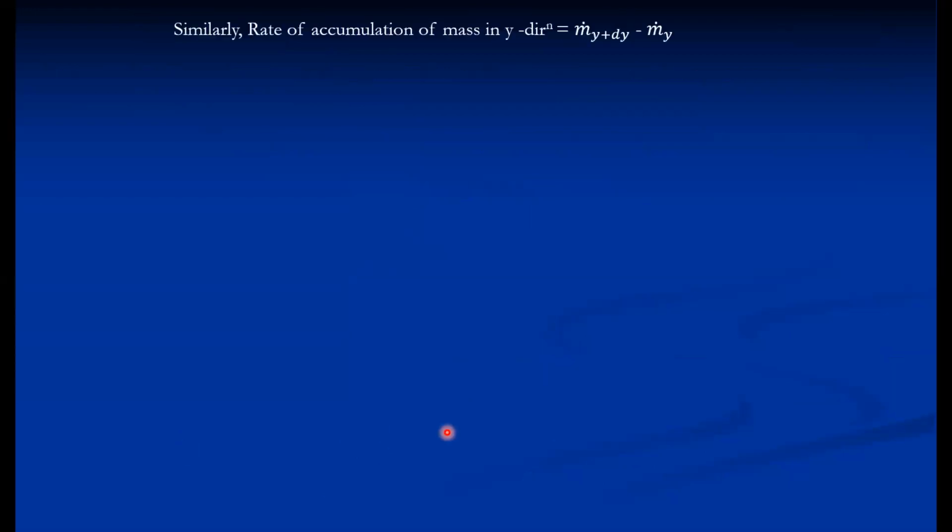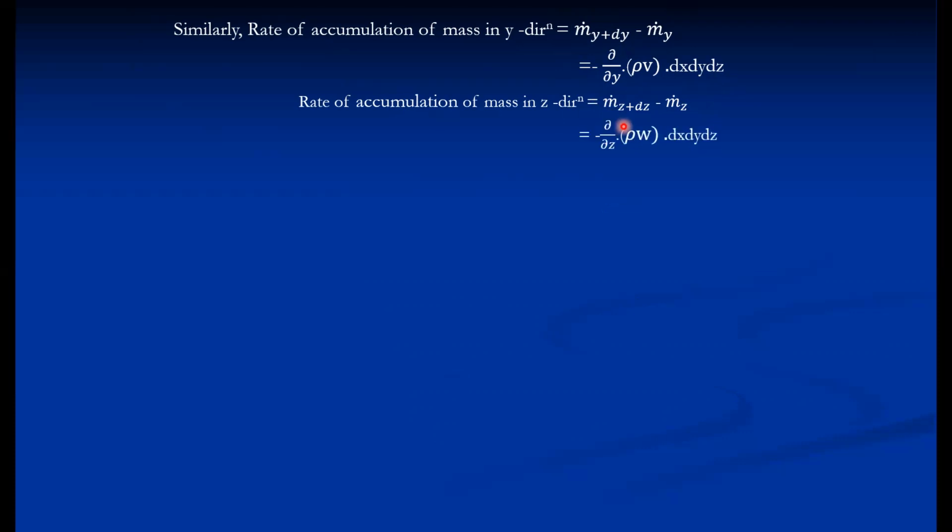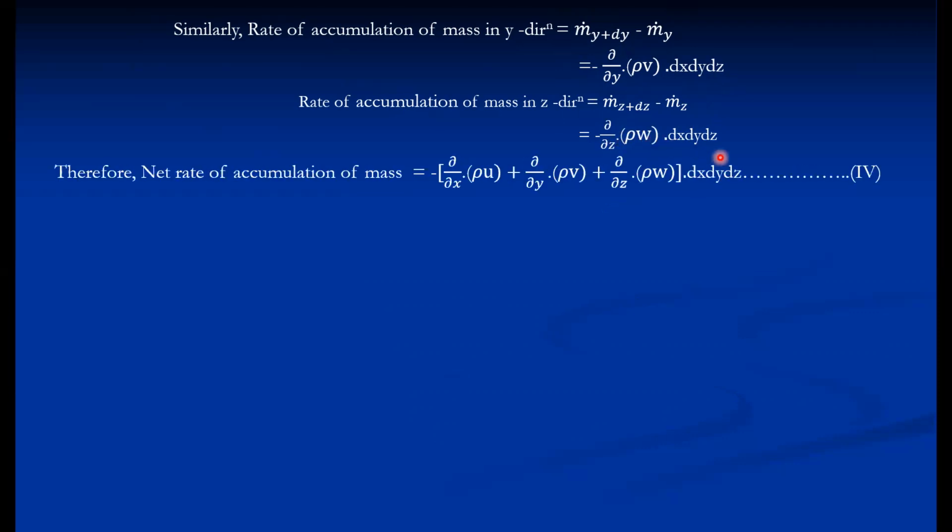The rate of accumulation of mass in the y direction is m dot y minus m dot y plus dy, so minus ∂/∂y of rho v dx dy dz. And the rate of accumulation along the z direction is m dot z minus m dot z plus dz, that is minus ∂/∂z of rho w dx dy dz.